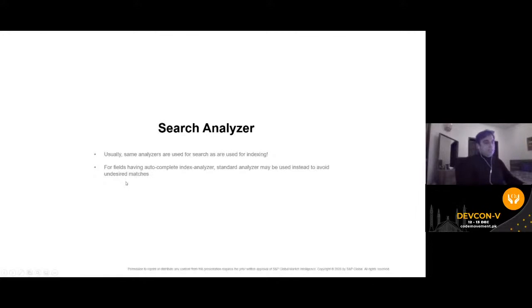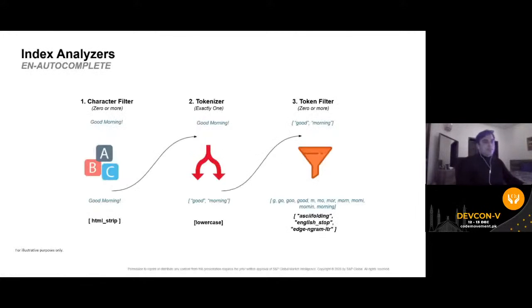Why? If we use the index analyzer and search analyzer exactly the same, then even if I type the text "great", the first G would match with this document, which is absolutely irrelevant.